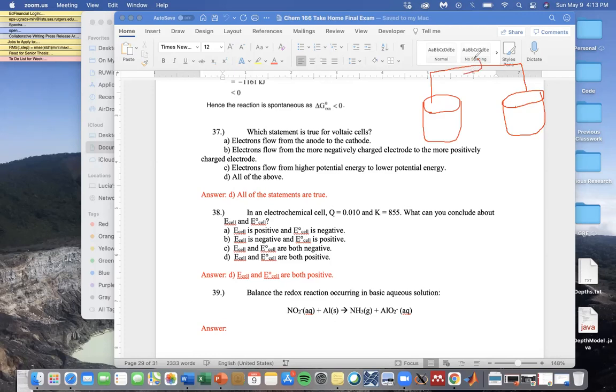That's not voltaic cells. Voltaic cells are spontaneous, they function by themselves without having anything.